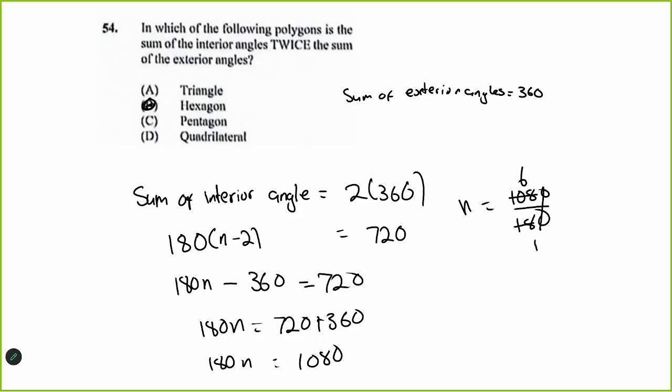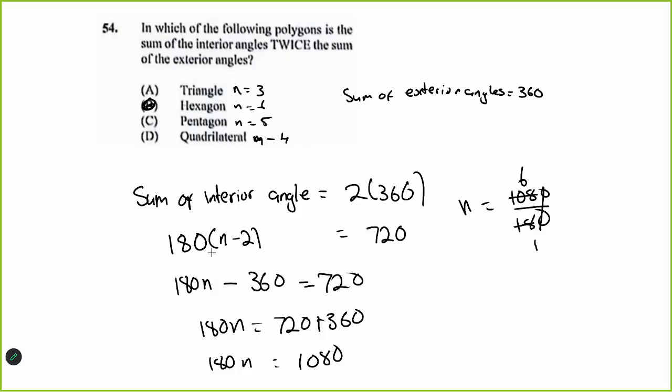Or you could have learned that table and you would get the answer. You would know that the sum of interior angles is 720 for 6 angles. Or instead of doing all this, because it's a lot of working, you know that for a triangle n is equal to 3, for a hexagon n is equal to 6, for a pentagon n is equal to 5, and for a quadrilateral n is equal to 4.